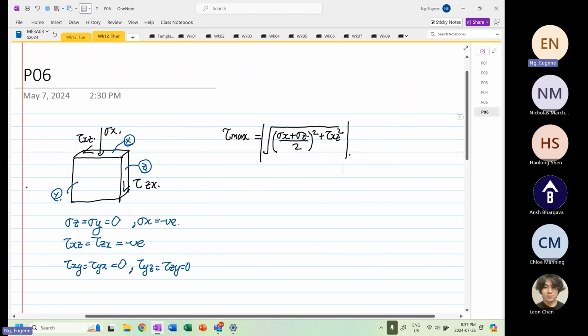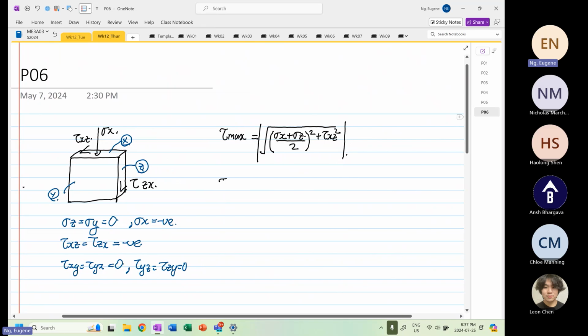So our trick now is we know that tau max is equal to 50 times 10 to the power 3 psi. We are given that. So that's the maximum shear stress, and this tau max is based on material property. The next thing we have to find is our stress x, our stress z, and our shear xz.